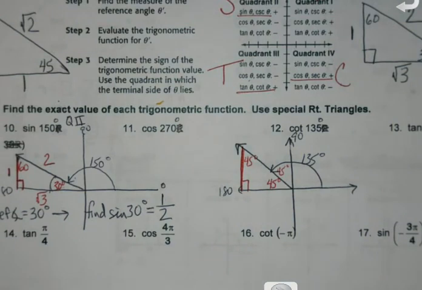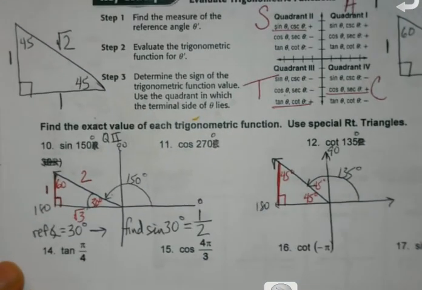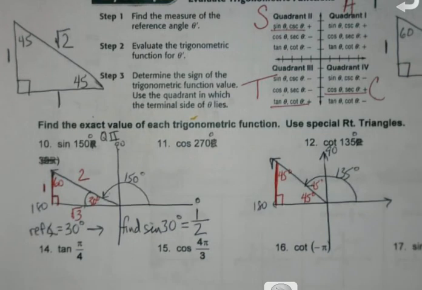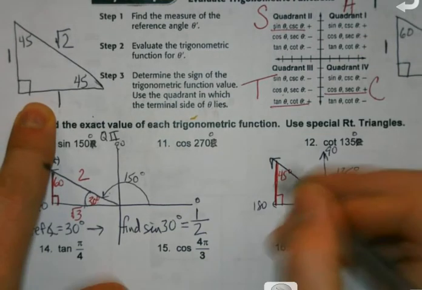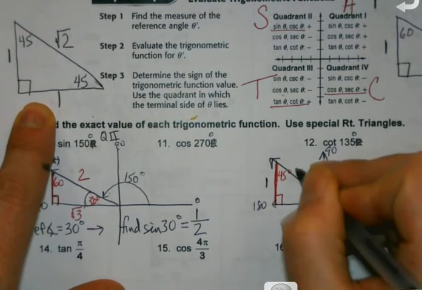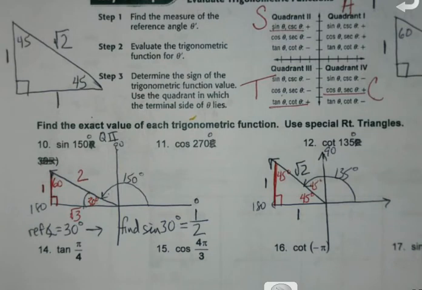And then I just go into my special right triangle, 1, 1, square root of 2. And again, it's my reference angle that I'm looking for here. Now here's my question though, where I have to be a little bit more careful. If you're like, ooh, cotangent. Think of it this way.